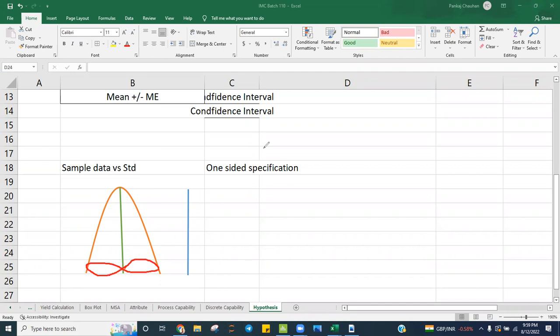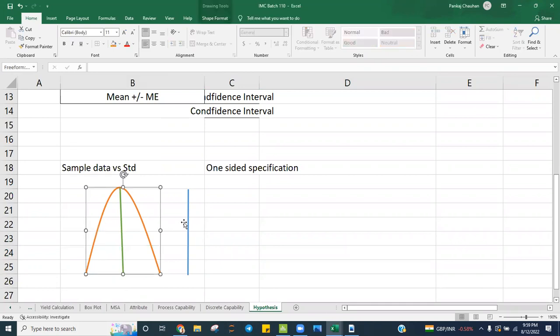So ideally or mathematically, average is this green line, but the statistical average of this data is from here to here. So when it is comparing one-sided, it will always compare the confidence interval with the target value.